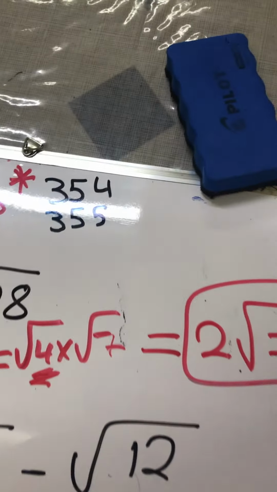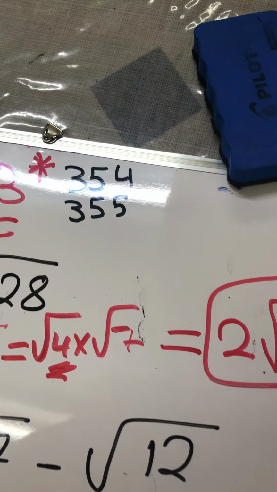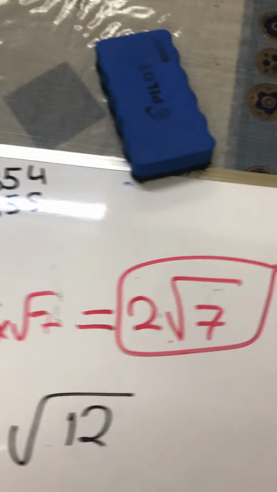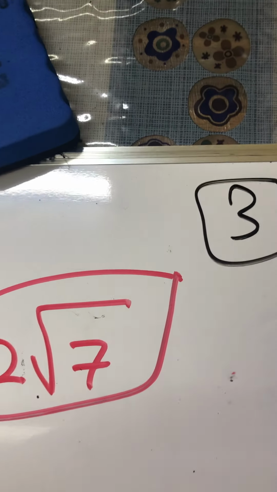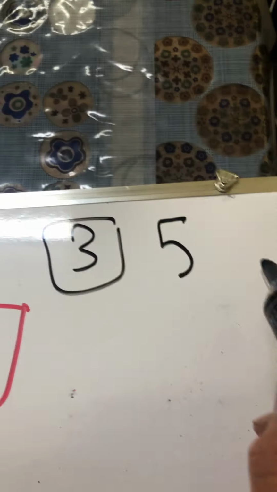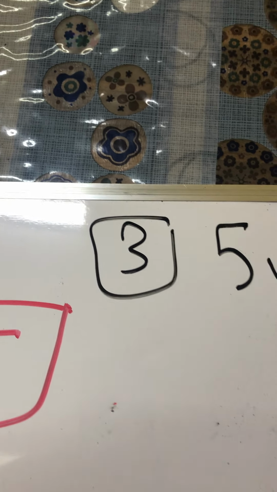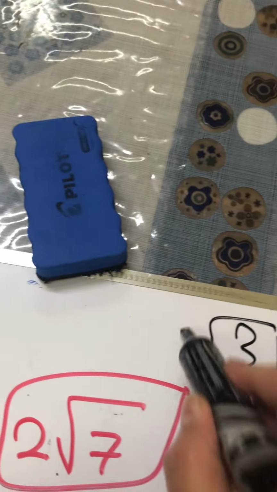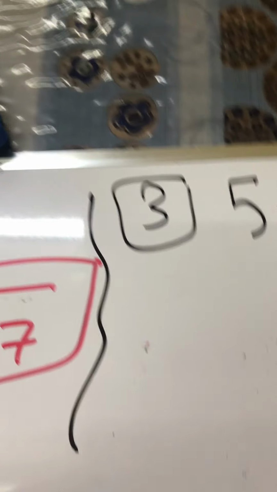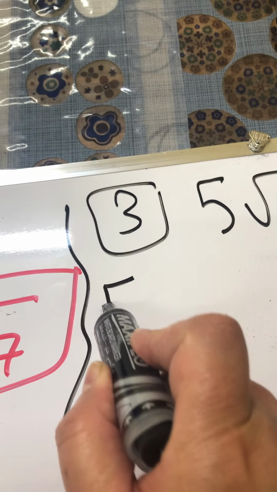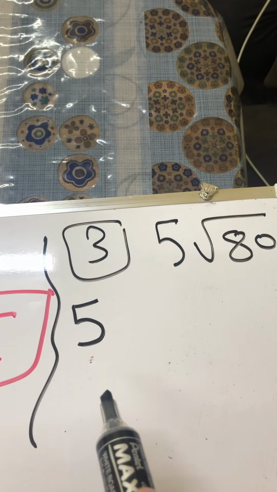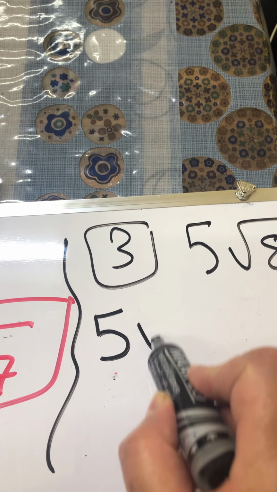Number 3, the same exercise 3 star. Number 3, simplify 5 square root of 80. The 5, I keep it as it is. Okay, what about the square root of 80?